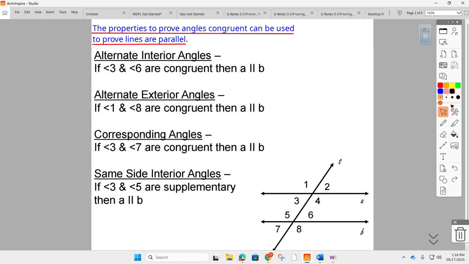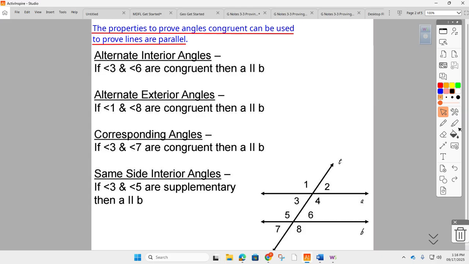I do still have some people struggling with the interior and exterior angles, so real quick, I want to remind you again what that means. Because everything is based on, are both the angles interior? Are both the angles exterior? Or are they one of each, right? I keep harping on that. I think most people are getting it, but some people are still struggling with what it means, interior of what?